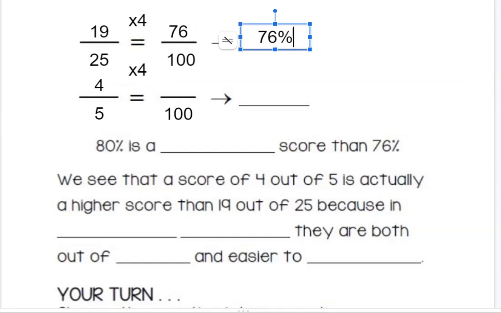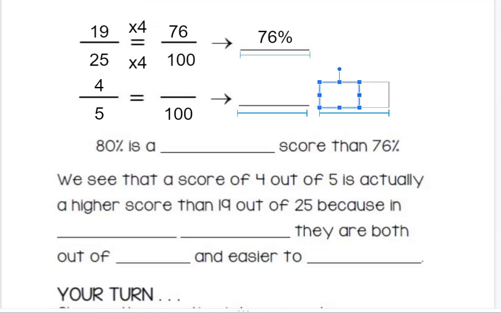Now, if we wanted to do a similar operation with 4 out of 5, 5 times 20 equals 100. So I already know 4 times 20 I can do fairly quickly. That's 80. I know that it's going to be 80%. But just so we can practice using those diagonal cross products, let's see how that looks if you use the cross products to set up an equation to find that missing amount, because not all ratios have that friendly relationship with 100 that we can just multiply and treat them like equal fractions.